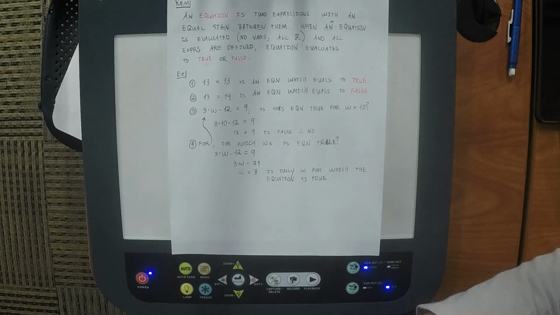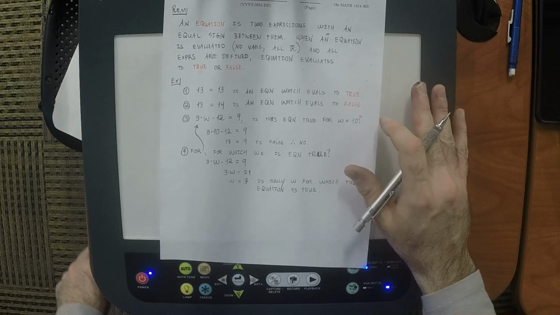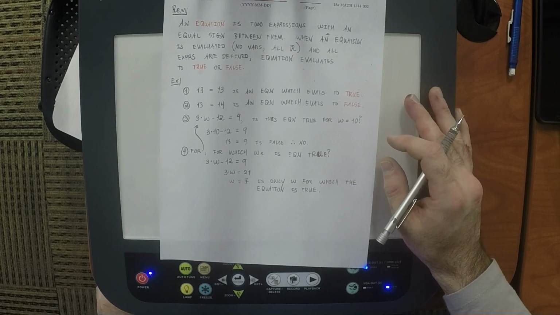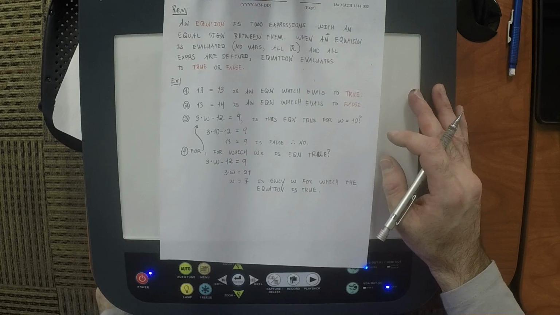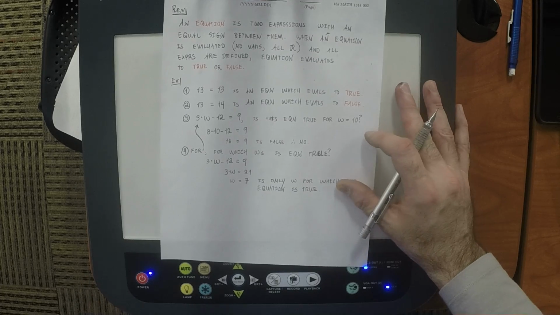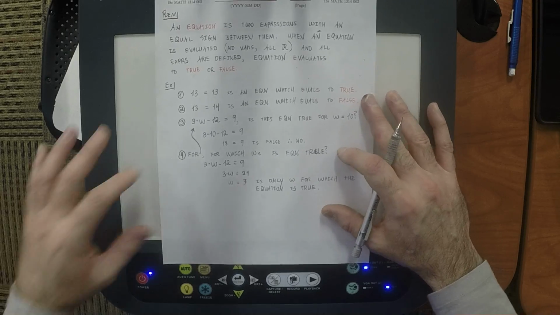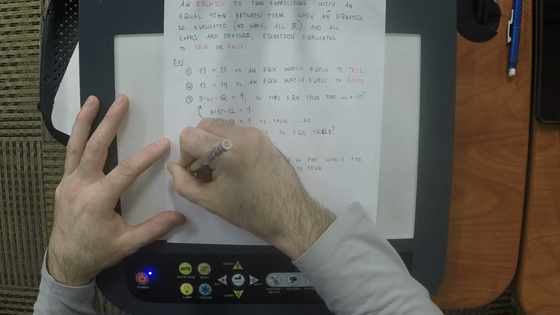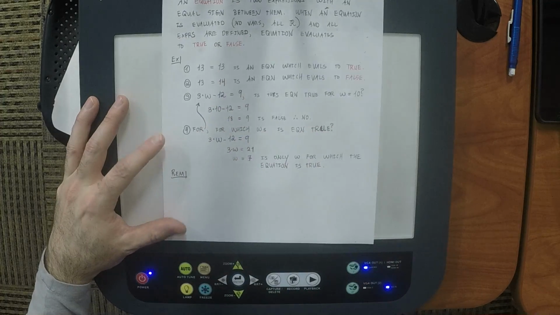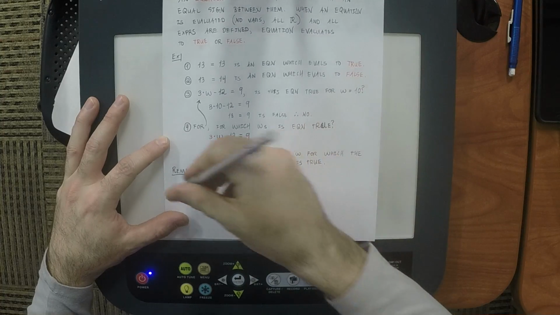Okay. So that's a little bit clumsy language, right? For this equation, find all of the W's for which the equation is true. It's perfectly precise language, but it's a little clumsy. So let's give ourselves some convenient language.